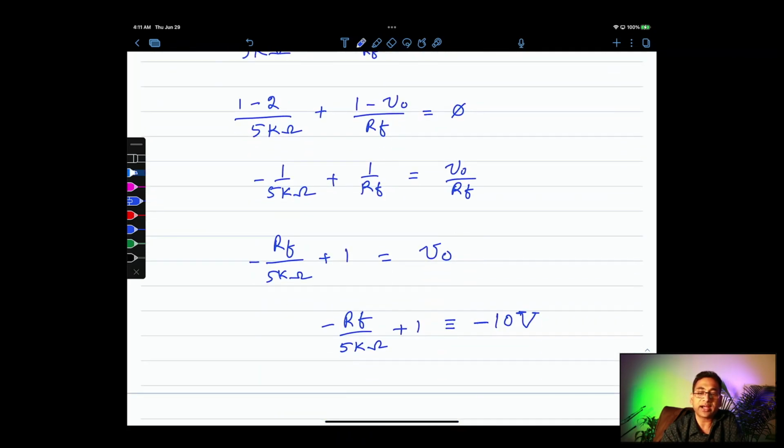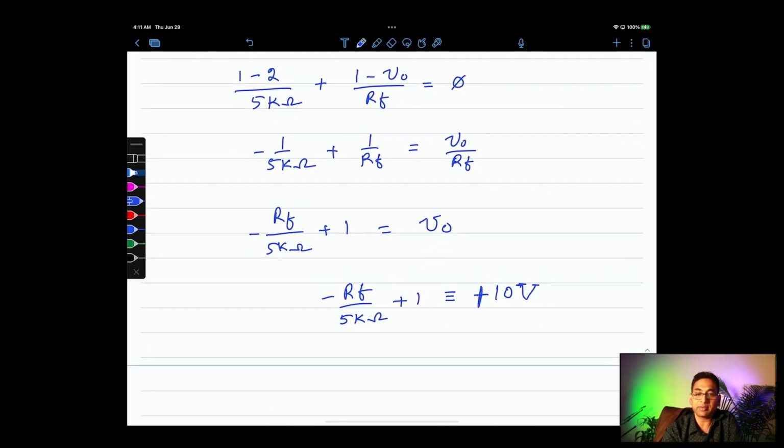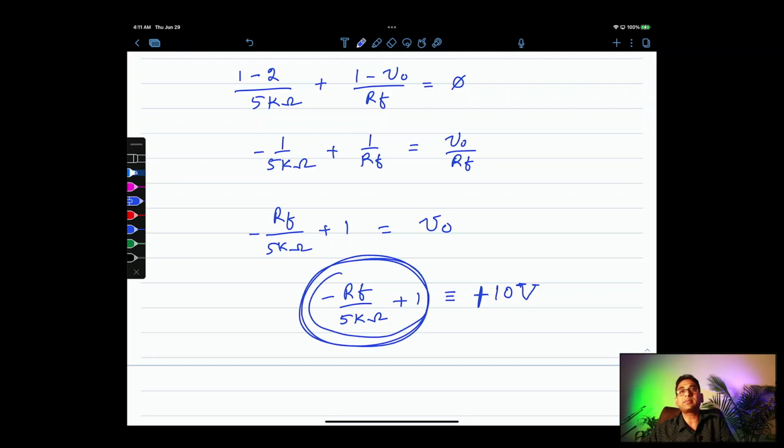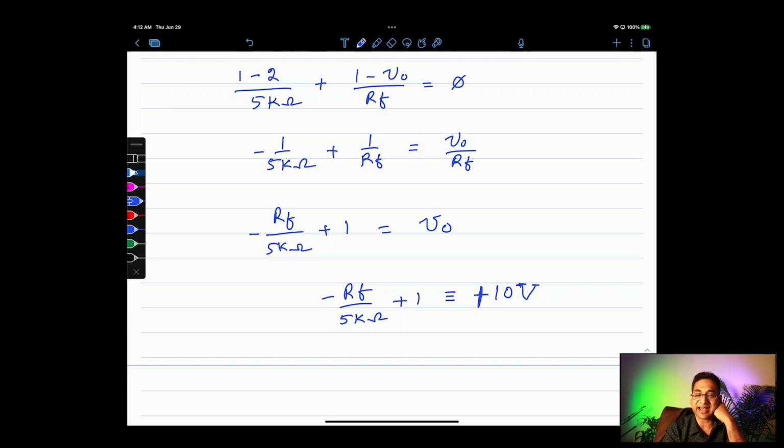I'm not worried about positive 10 here because there is no way that this term will exceed positive 10 volts, because you see there is a negative term in a resistance. The total voltage is always going to be less than 1 volt. So I'm not worried about positive saturation. I'm only interested in calculating the negative saturation.